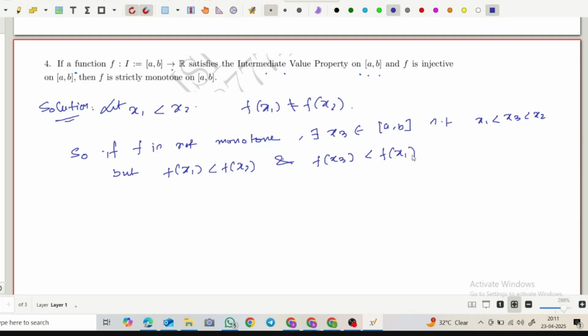Is that right? So it is not monotone. X1 less than x2.